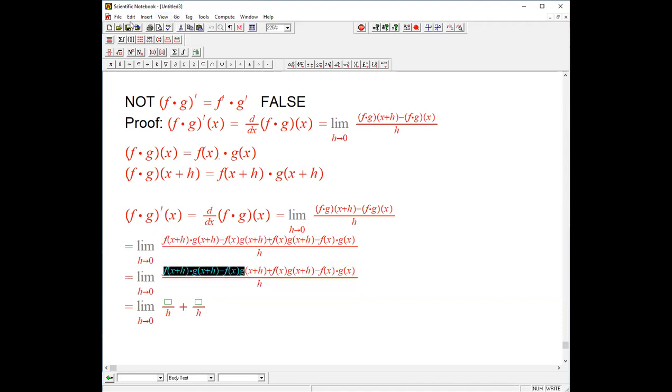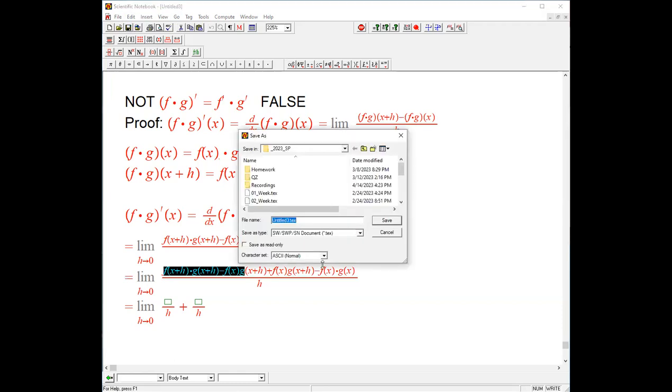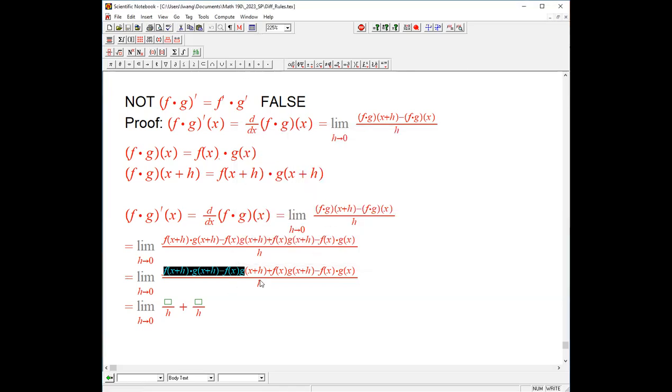I better save the file so I don't make a mistake. Differentiability rules. So I'm going to take the first two and put them here.